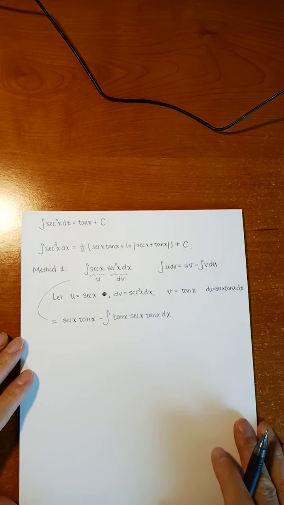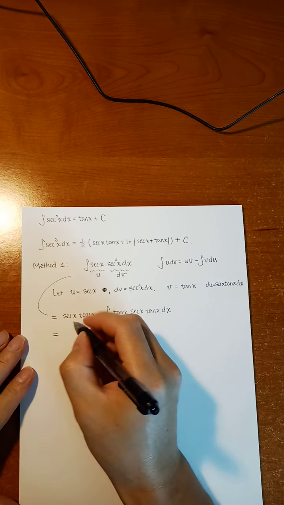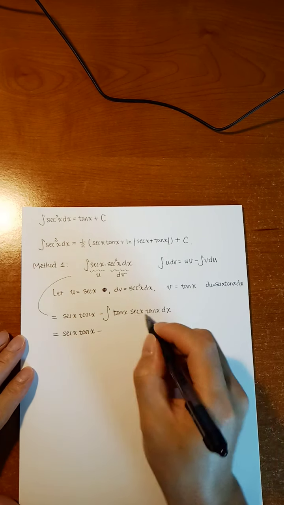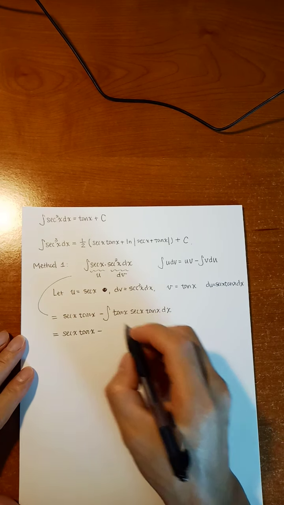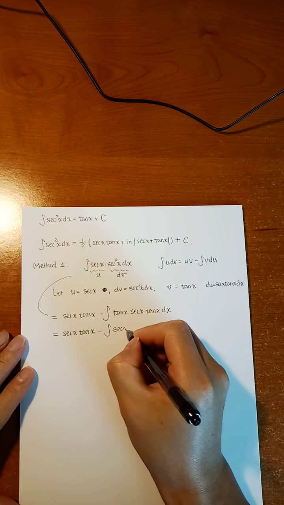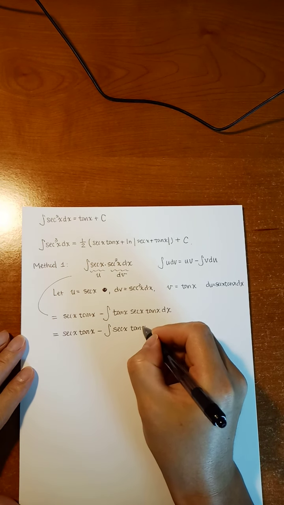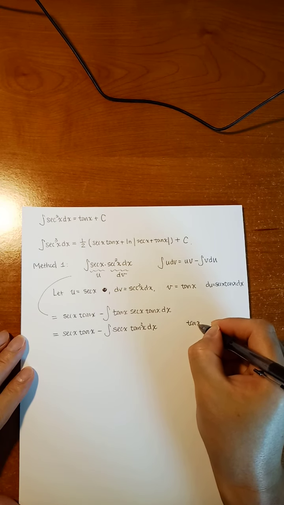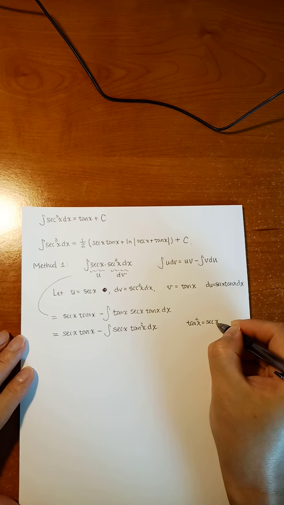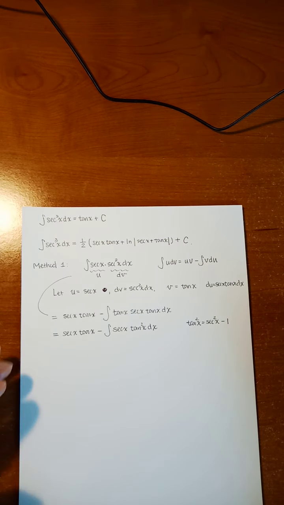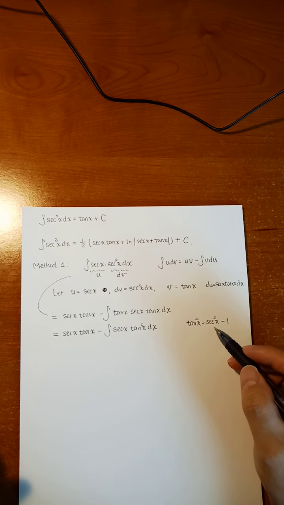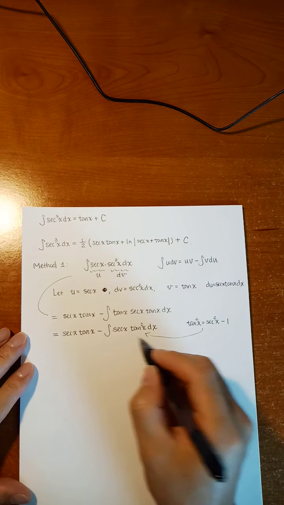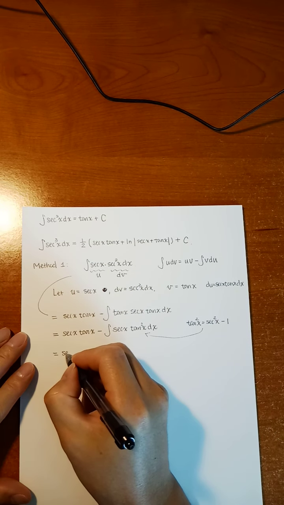All right, and let's continue. Copy secant x times tangent x. Here you have tangent x, you have tangent x squared. And we know tangent of x squared is equal to secant x squared minus 1, so we apply this identity in this integration formula.